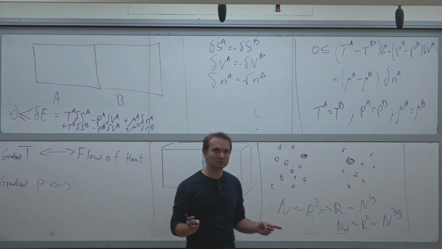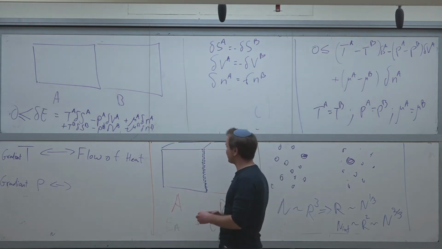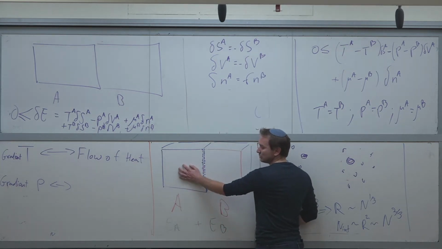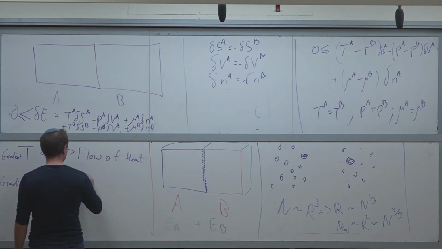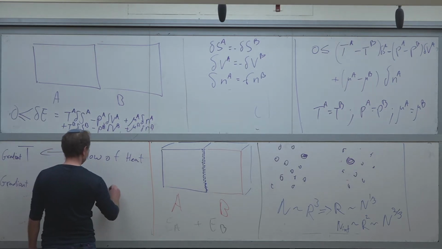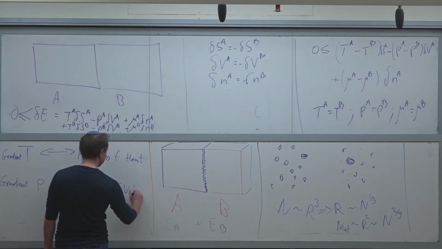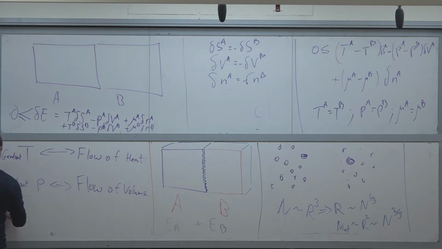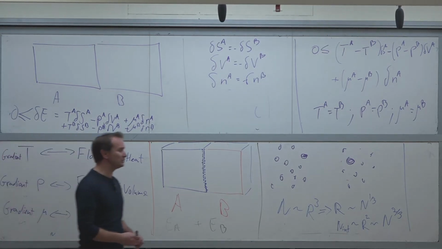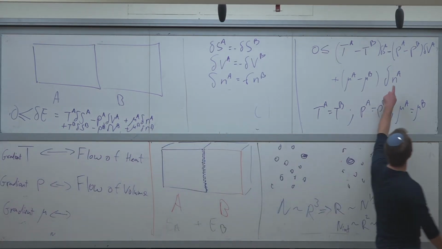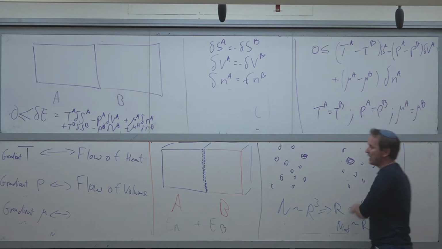Flow of what? Volume, right? If the pressure in this system is higher, this system will grow in volume. Flow of volume. If I have a gradient in mu, in chemical potential, what will flow from one place to another? The molecules, flow of mass.